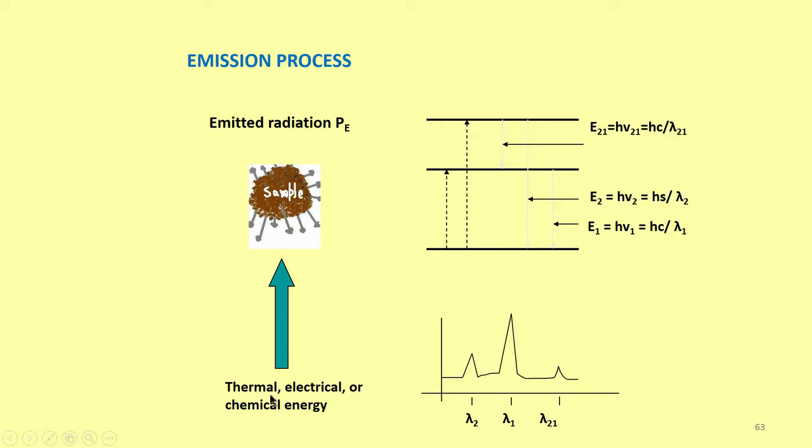That is why I have written thermal, electrical or chemical energy, and then electromagnetic radiation also passes through that and then emitted radiation comes out. This is the emission. So, what happens here? I have put it in terms of energy levels. This is E1, h mu 1, h mu 2, E1 to E2, and then E2 is here.